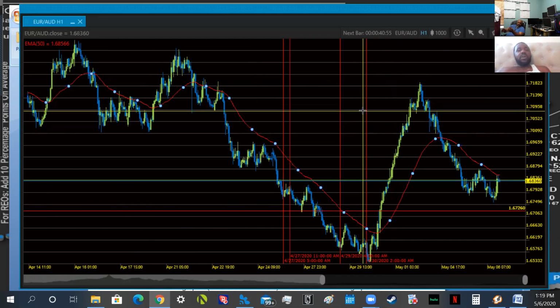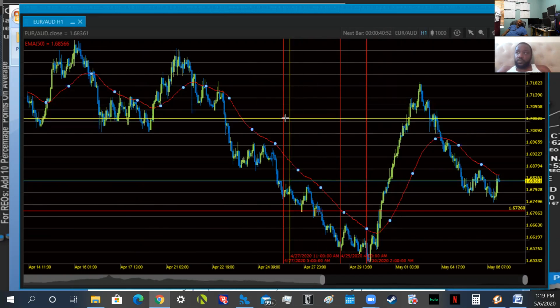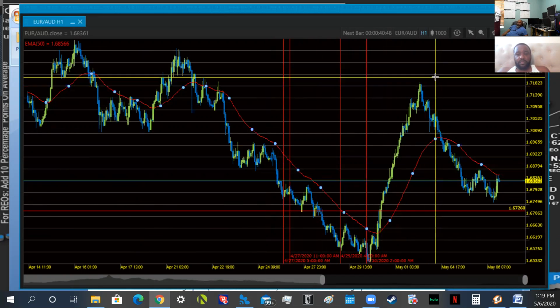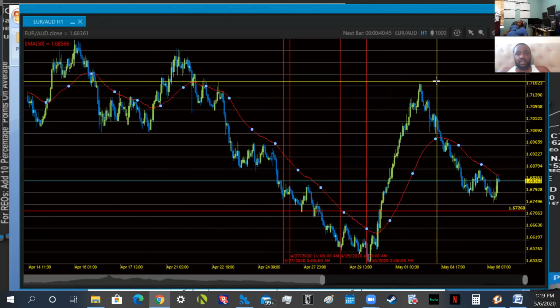We can get a gauge on how long the trades were going, good or bad, like how long the trades were for, and what the take profits were.